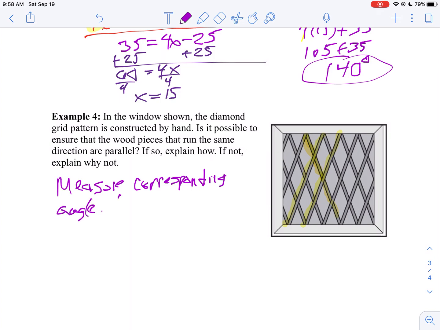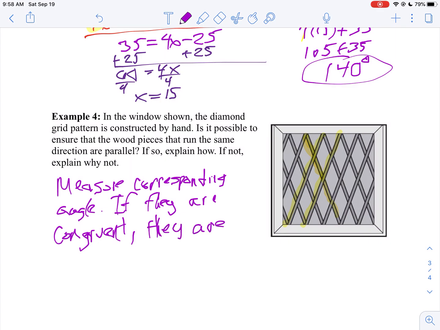If they're congruent, they're parallel. The lines are parallel. Kind of bad English there.